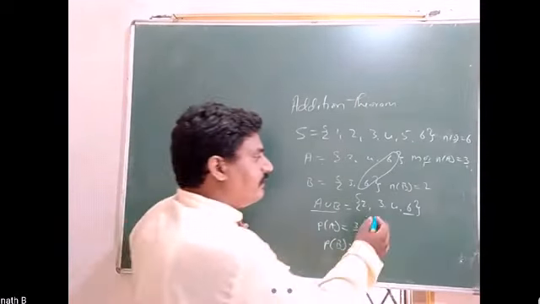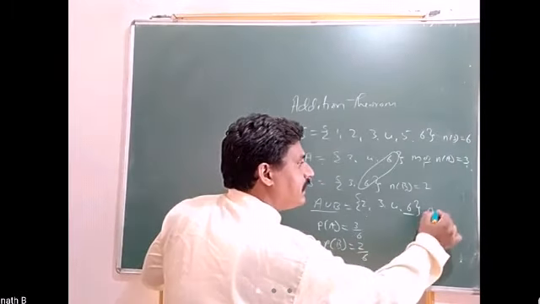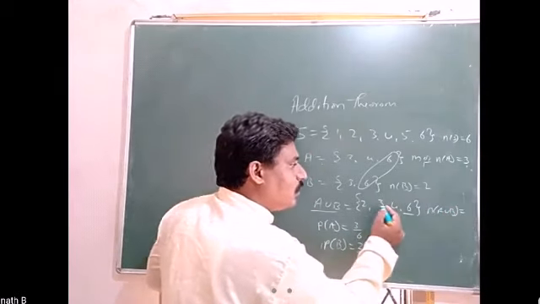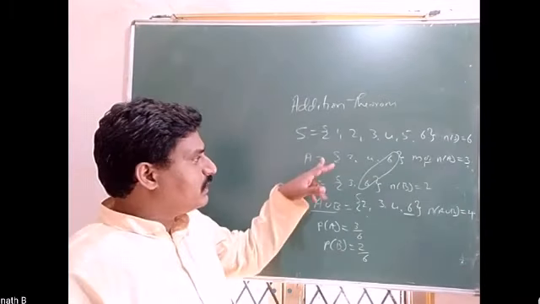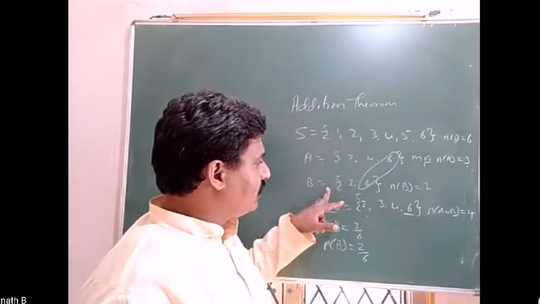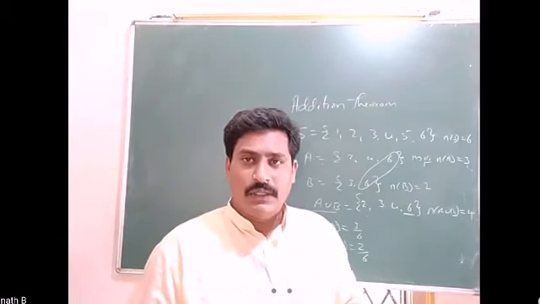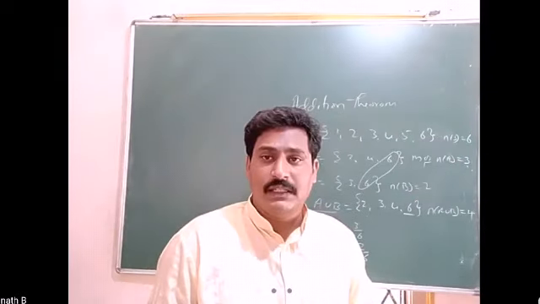So here favorable cases of event A union B, n of A union B, is equal to 4. Favorable cases to event A are 3 and favorable cases to event B are 2. If you put them together, 3 and 2 means 5 cases should be there.